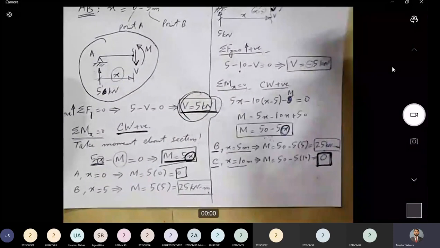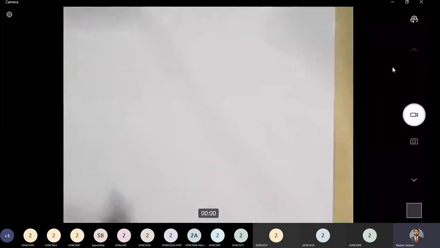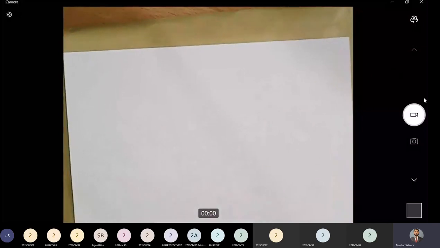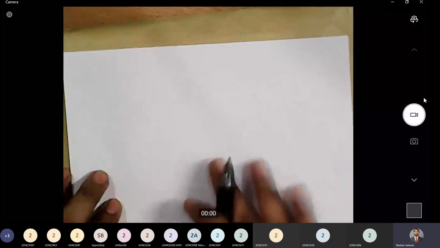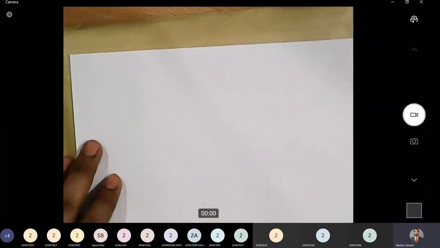Now the next step is to draw shear force diagram and bending moment diagram. So let's do that right now. First of all, I will draw the shape of the beam.